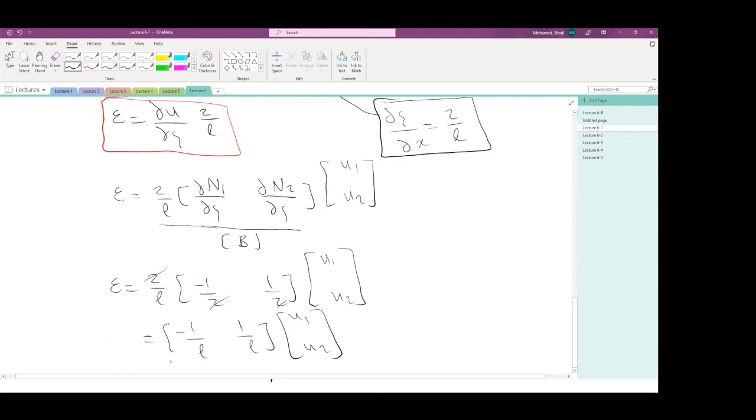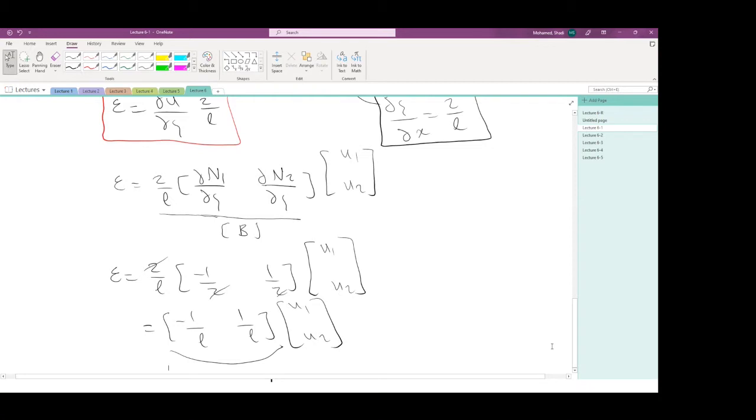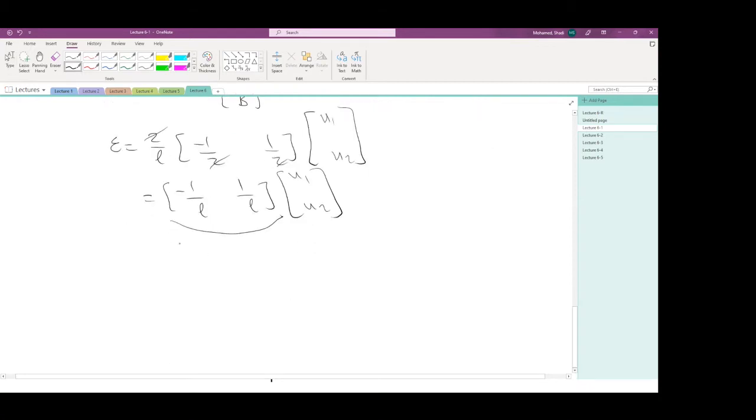Now, if you remember, this is exactly the same B matrix we had in the past. I mean, the original B matrix is minus 1 over L, 1 over L. And this is the scaling factor I've talked about. Okay. Now, this scaling factor is so obvious and so clear in the 2-noded element so that you can immediately see it.